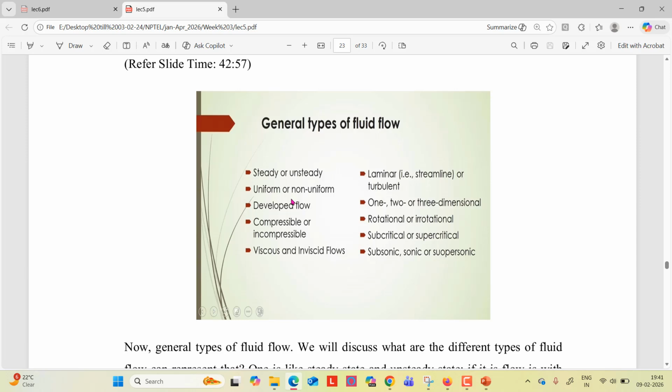Compressible or incompressible fluid: incompressible means the flow in which the density change with space and time is negligible, right? And compressible flow is where the velocity or density change with space and time is not negligible.